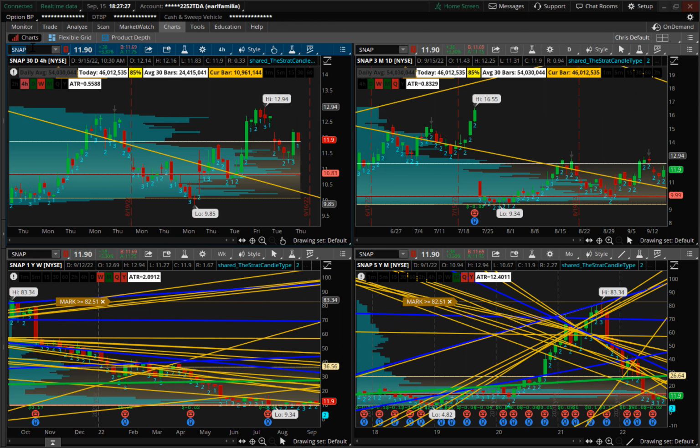So we could get the 4-hour move back to the downside, potentially below $11.83. And then if for any reason this thing decides it wants to go bullish tomorrow, then we've got an entry above $12.16 on Snap.